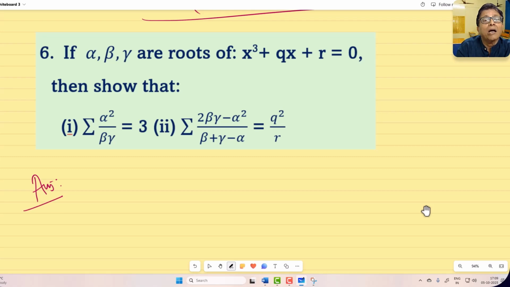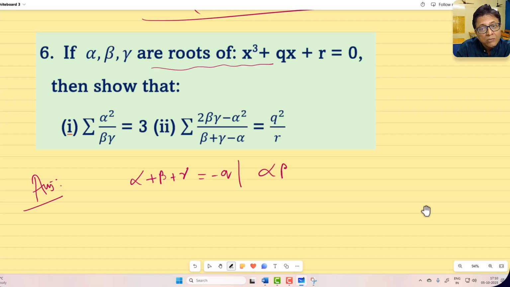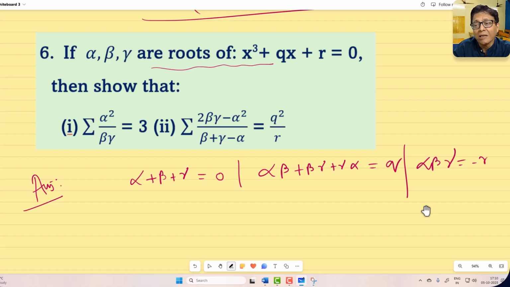Now for here, alpha, beta, gamma are the roots given of this cubic equation. So alpha plus beta plus gamma is minus q. Alpha beta, no, it is 0 because no x square is there. Alpha beta, beta gamma, gamma alpha is q and alpha beta gamma is minus r.